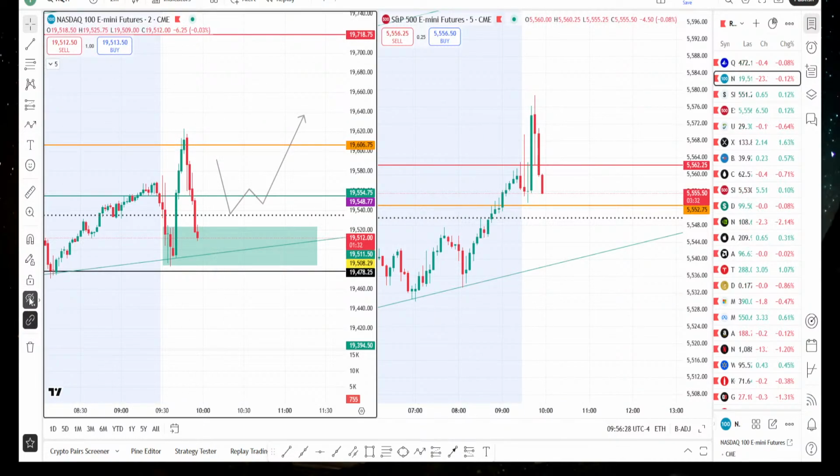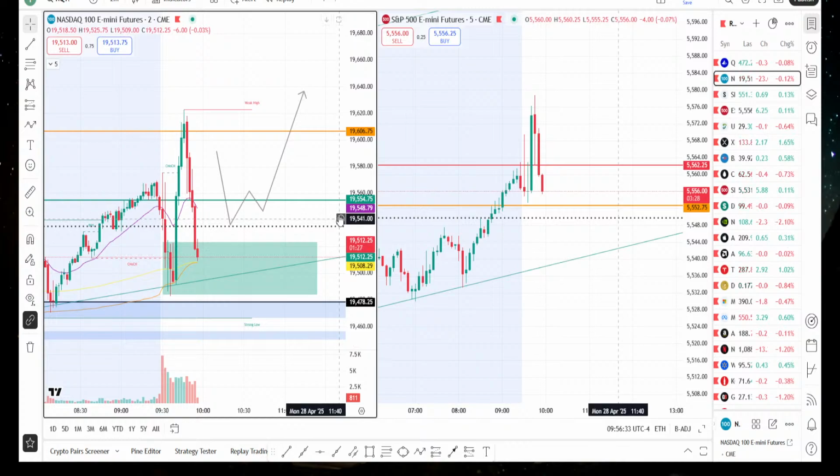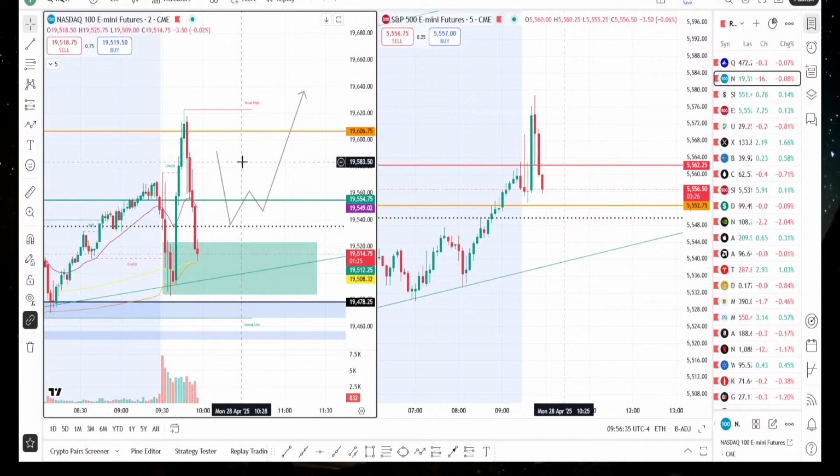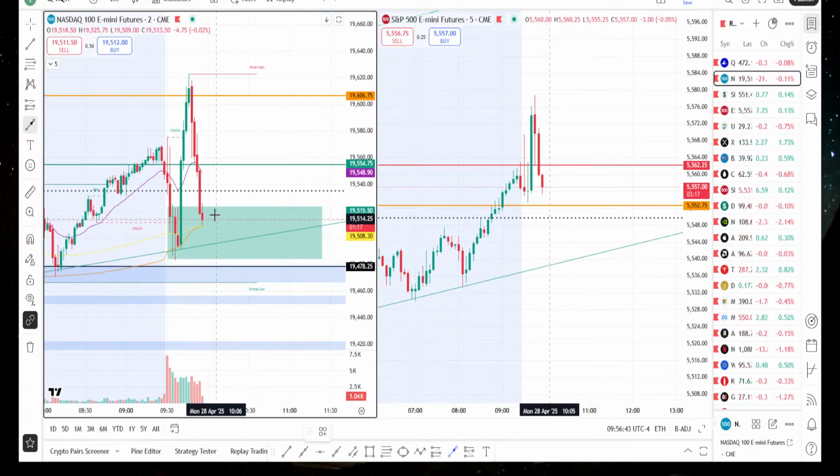Yeah, I did indicators here, back on, there we go. So buyers can still step in here, right? They have a demand zone here. How would I sell this?